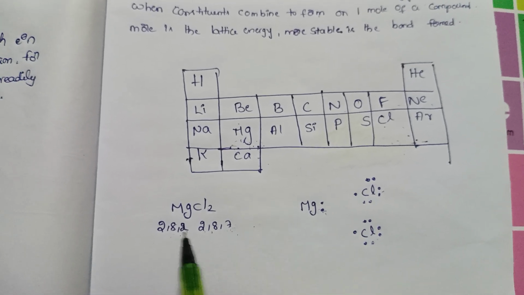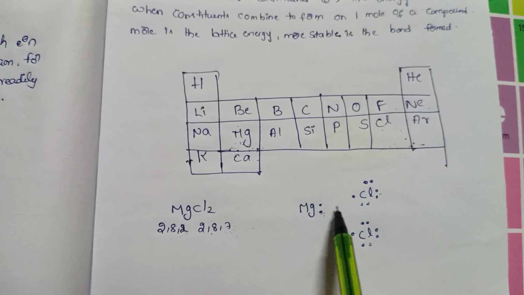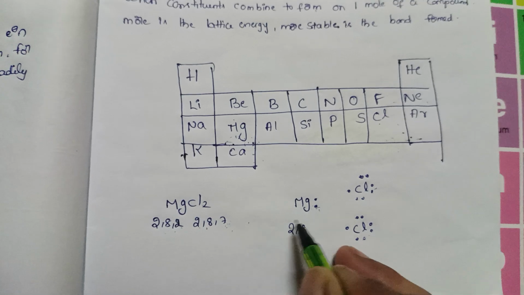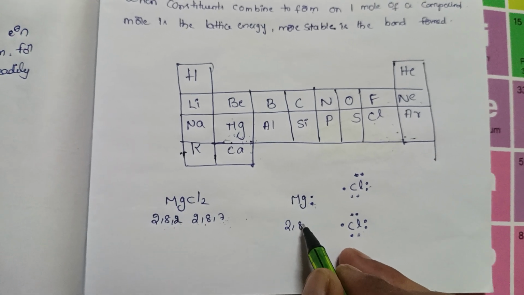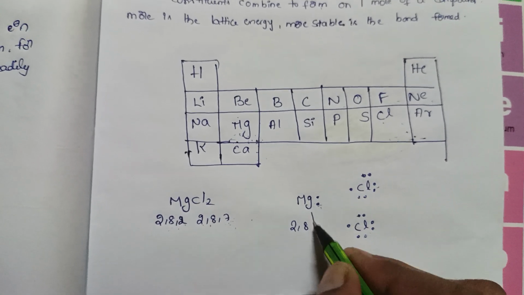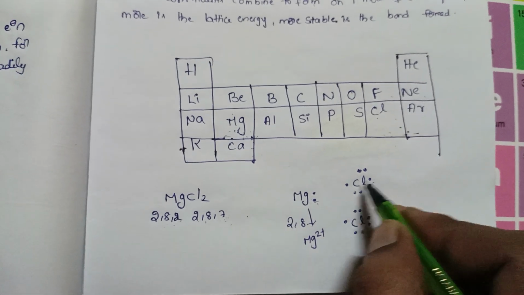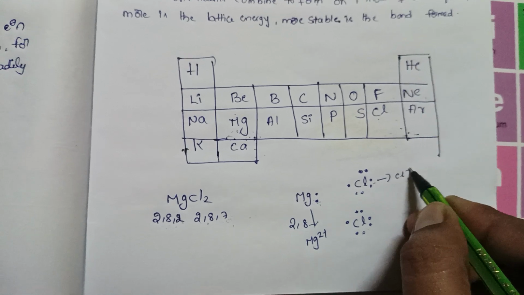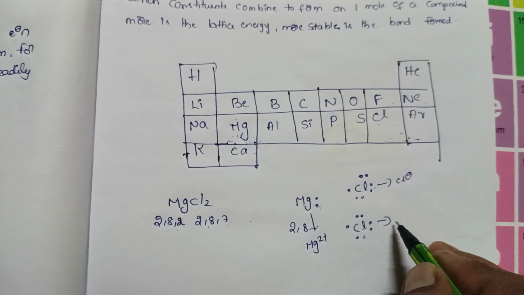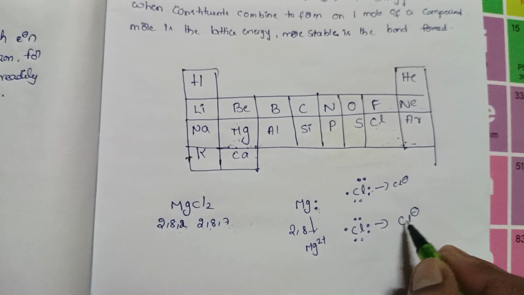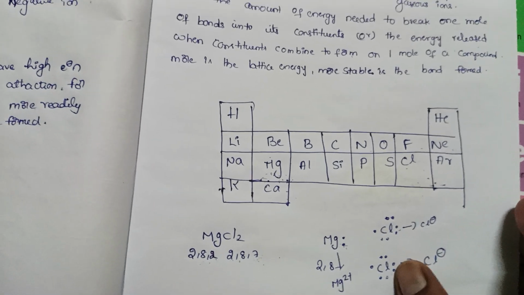Magnesium has now 2, 8 configuration. Magnesium also attains noble gas configuration. It lost 2 electrons, so Mg 2 plus; it gained 1 electron, Cl minus. This chlorine also gained 1 electron, so it is represented as Cl minus.